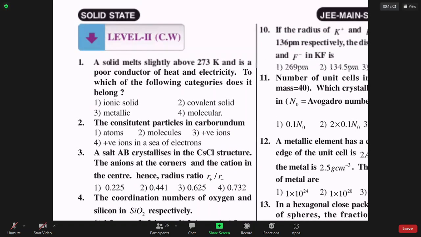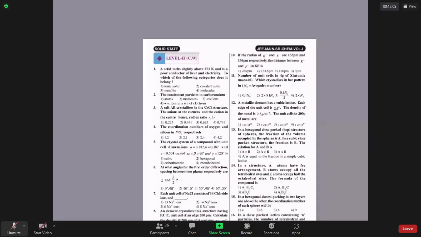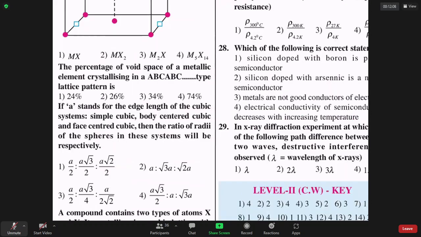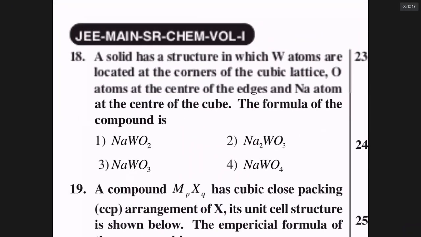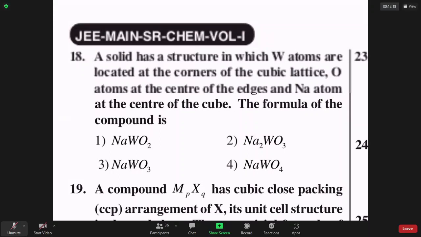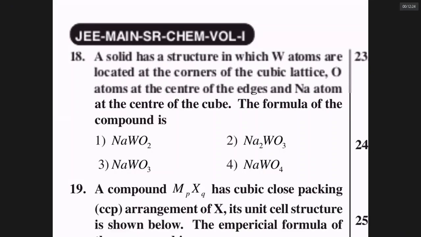For example, take page number 69, question number 18. A solid has a structure in which W atoms are located in the corners. Corner means 1. Oxygen atoms are at the center of the edges. All edge centers together make 3 particles: 12 into 1 by 4, 3. Sodium atoms are in the center of the cube. Body center means only one.